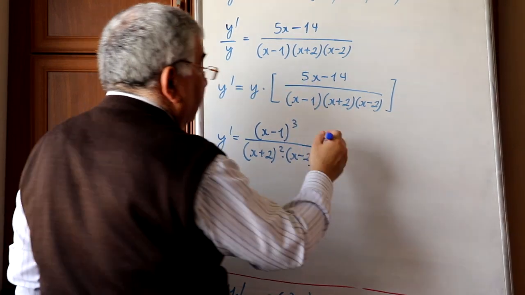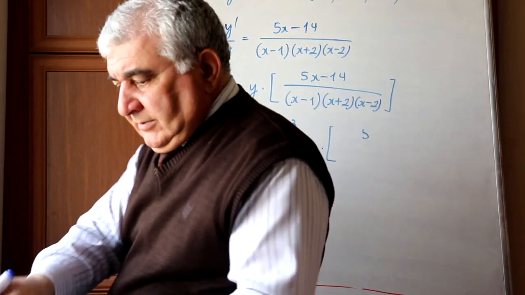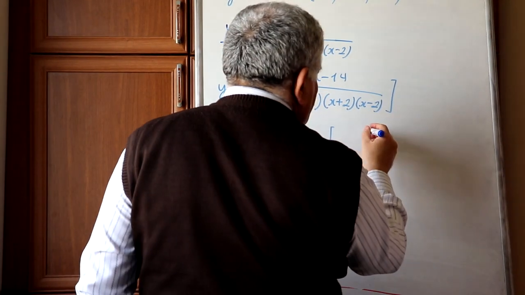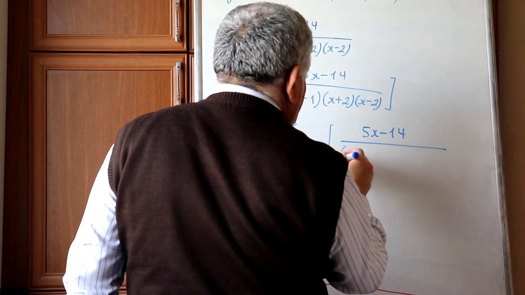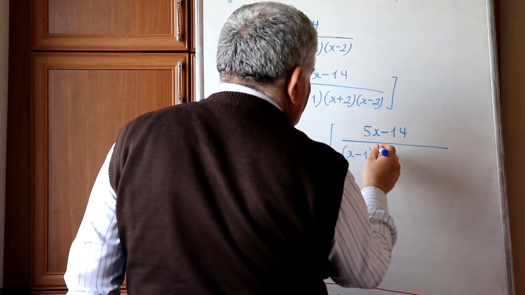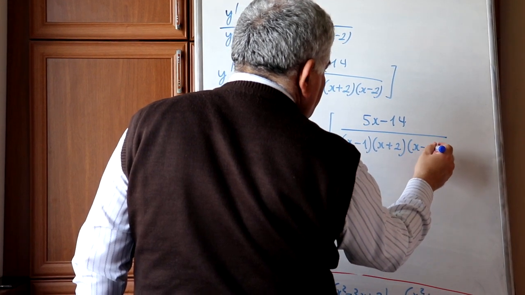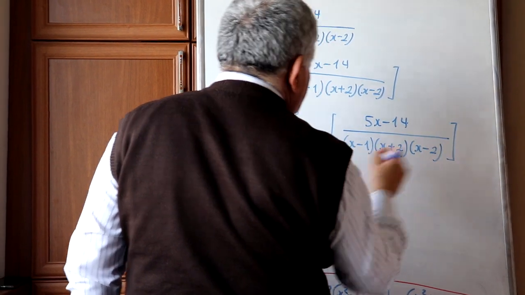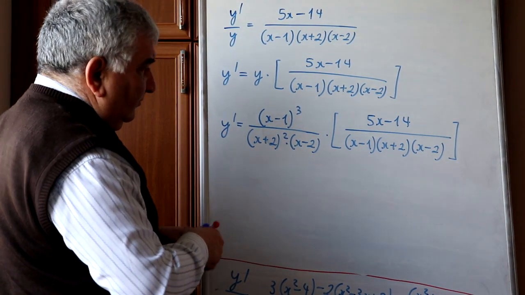Multiply by this expression 5x minus 14 over x minus 1 multiplied by x plus 2 and by x minus 2.